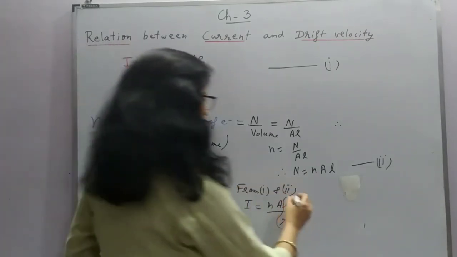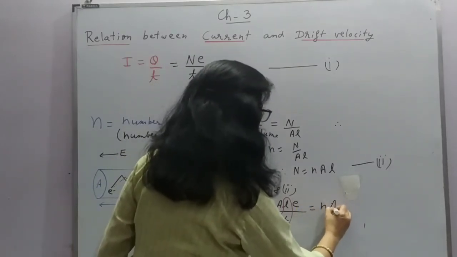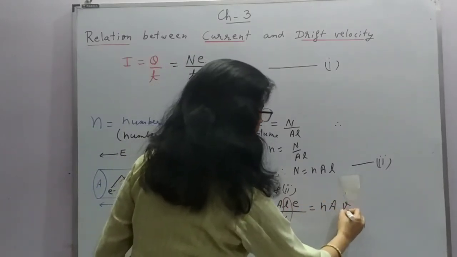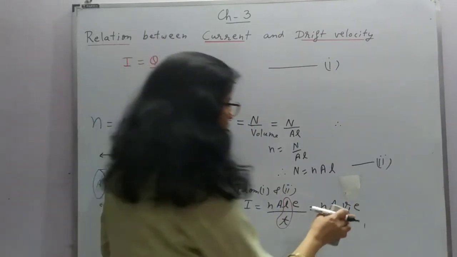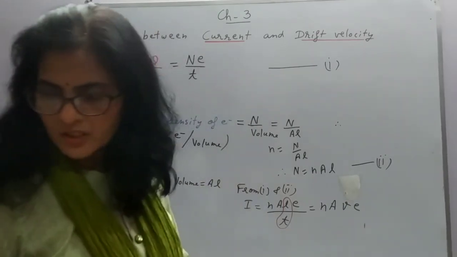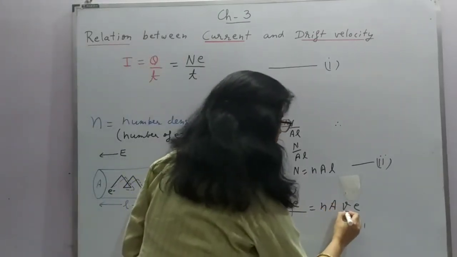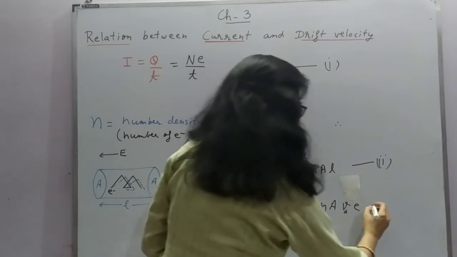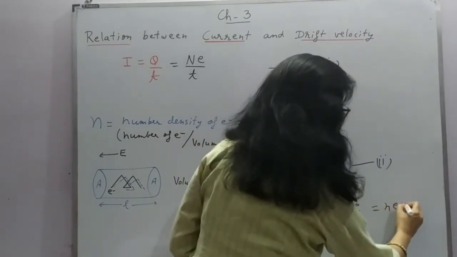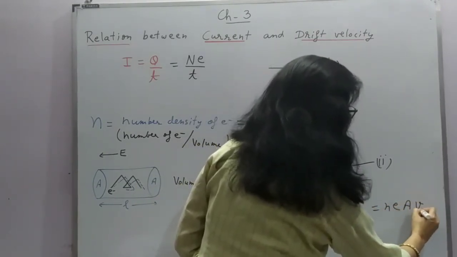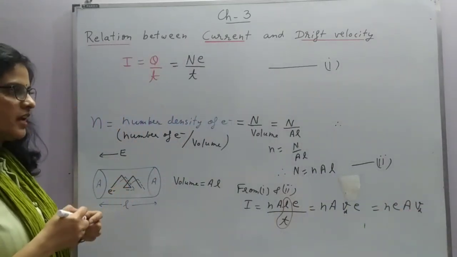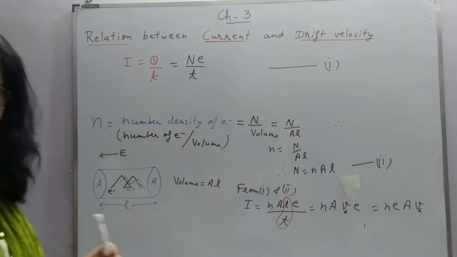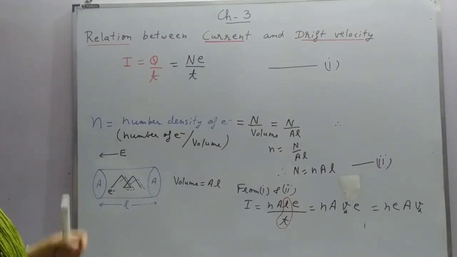Replacing this term, I get n E A Vd, where d is the suffix used to denote drift velocity. So the current is n E A Vd. This is the relation between the current and the drift velocity. That's all for now. Thank you and have a nice day.